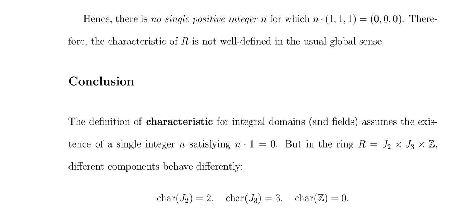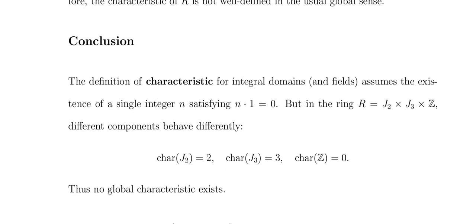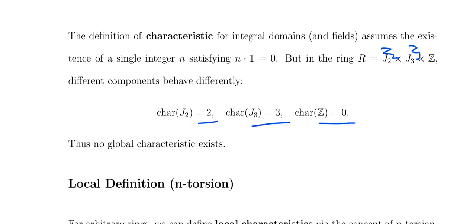The definition of characteristic for an integral domain assumes the existence of a single number n such that n dot 1 equals 0, but here R is the Cartesian product Z2 cross Z3 cross Z, and the components behave differently. The characteristic of Z2 is 2, of Z3 is 3, of Z is 0. So no global characteristic exists.